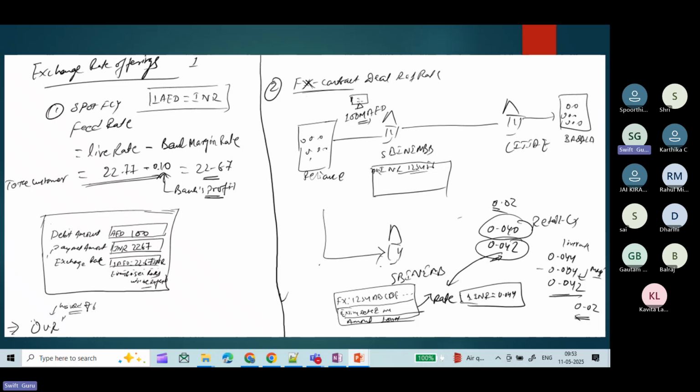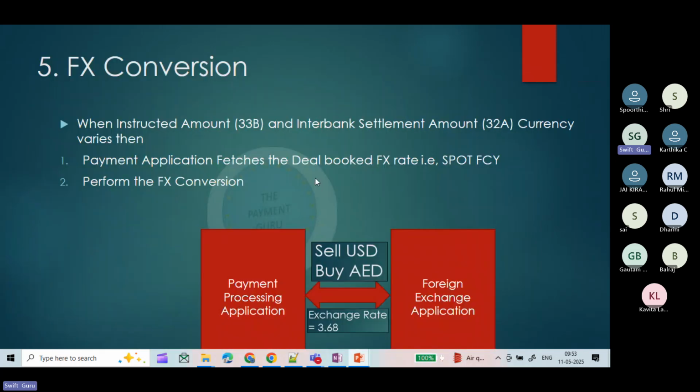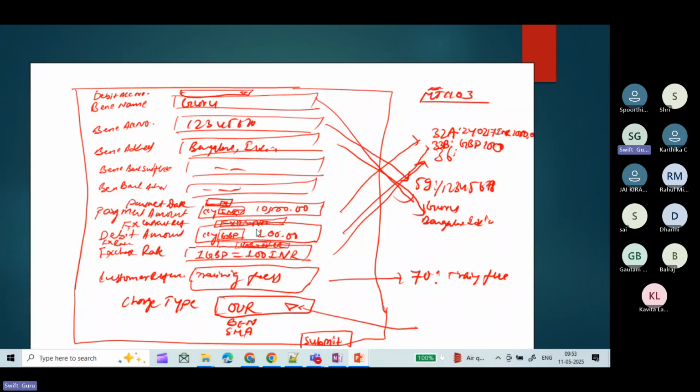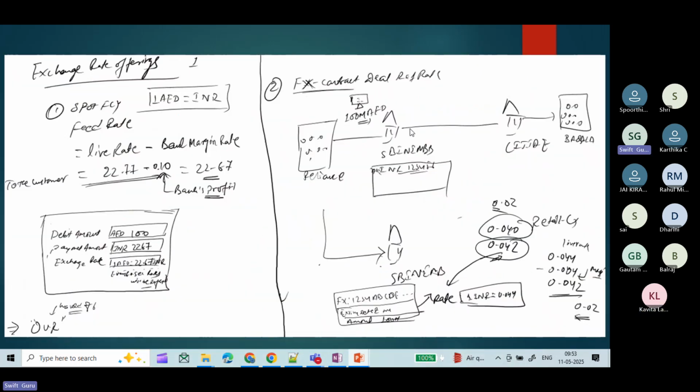But for a big corporate customer making a huge transfer, around one lakh AED, that's a huge amount, they will reach out to these separate RMs to get a better rate. And the first one is for individual level. Yes. For corporate customers, for small amounts they might go with the same spot FCY. That's not a problem. They just have to ignore the FX contract reference field in that case. They will only ask for the better exchange rate for huge volumes.